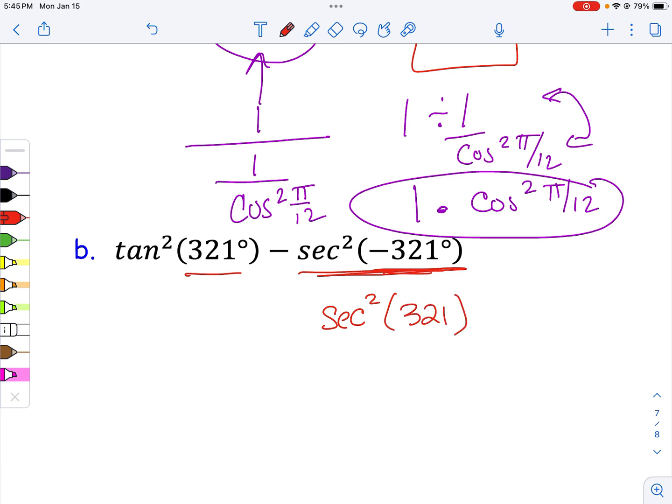So that's just using that negative angle identity. It has nothing to do with squaring an angle and making it positive. It has to do with the fact that I know secant of negative 321 and secant of positive 321 are the exact same, and if I square them, they're going to be the same as well. So this becomes tangent squared of 321 minus, and then this becomes positive secant squared of 321. That minus sign still stays in the middle.